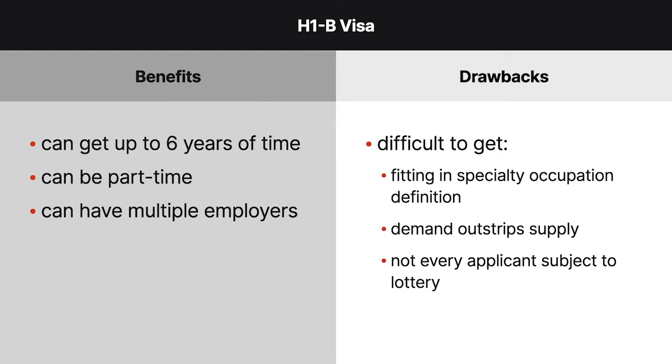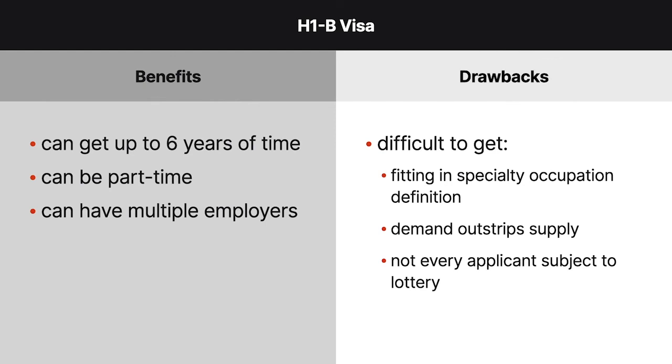They can have multiple employers, several at the same time, and they can switch between employers, so it's very flexible. It is also considered dual intent, so it's one of the very few temporary employment-based visas in which you can say, I'm also going for a green card at the same time as I'm here on a temporary work visa. For most of these options we're going to explore, you cannot do that.